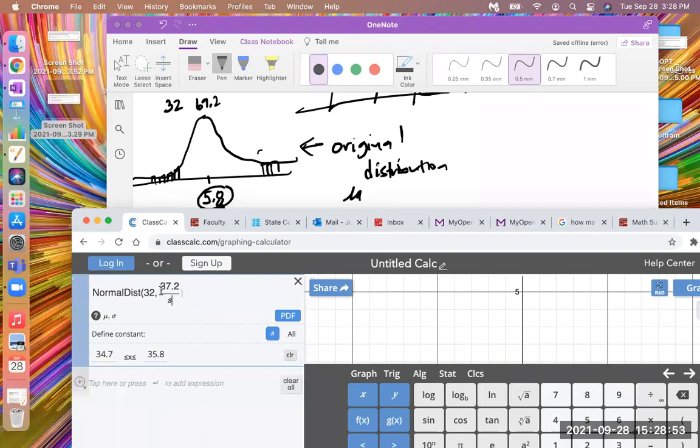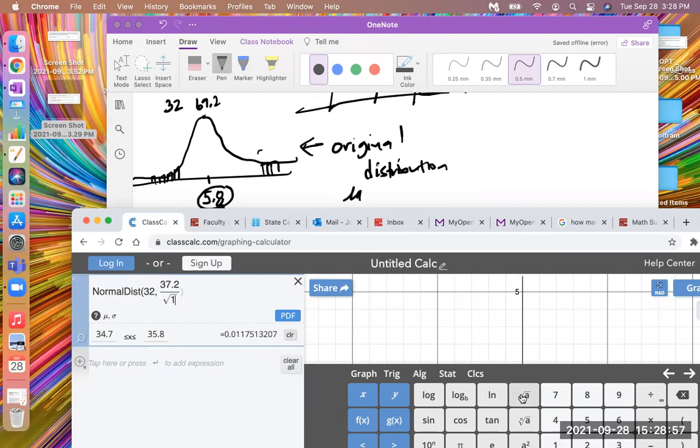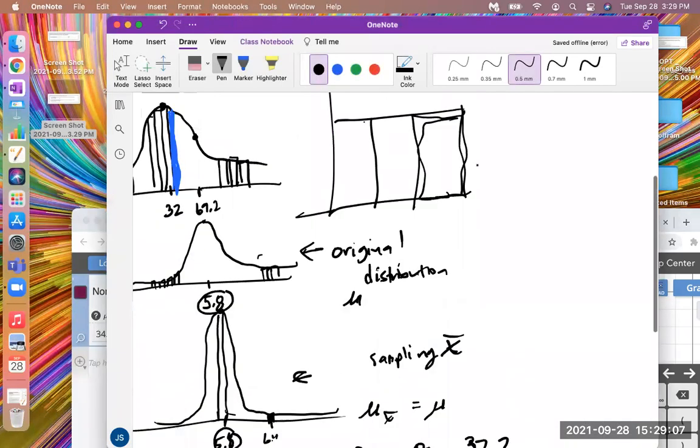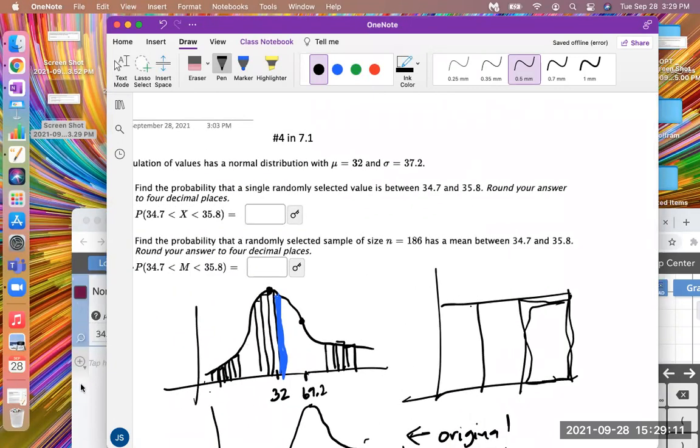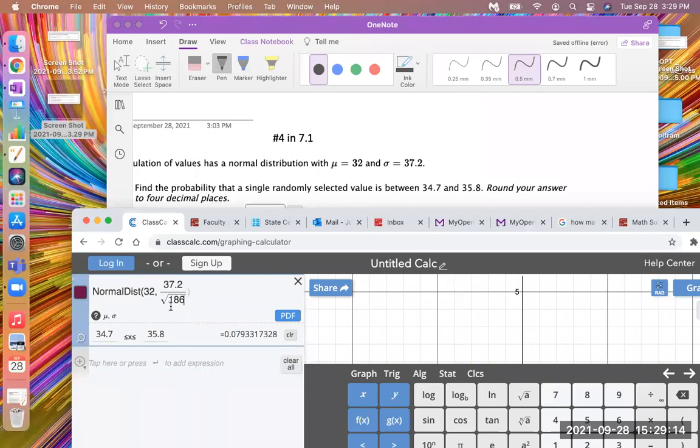Yes, it will. Over here, I can click on square root of 186, right? I don't even have to find that decimal. If I just put the whole formula in right here, it'll do it for me. Let me make sure: 37.2 divided by the square root of 186. Now I just have to put that in, and now I have my answer.